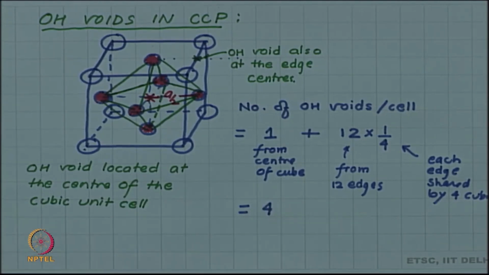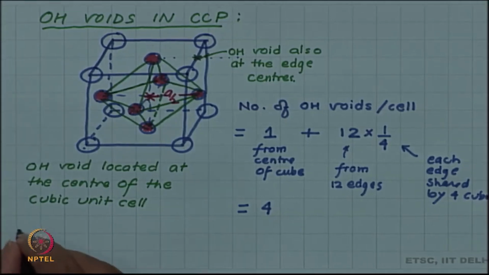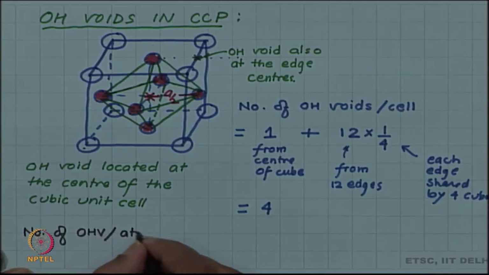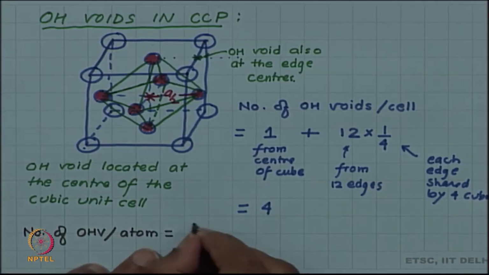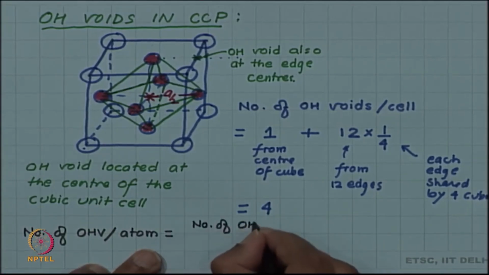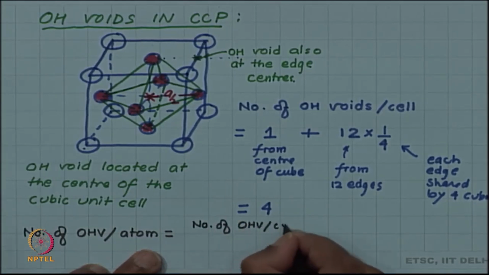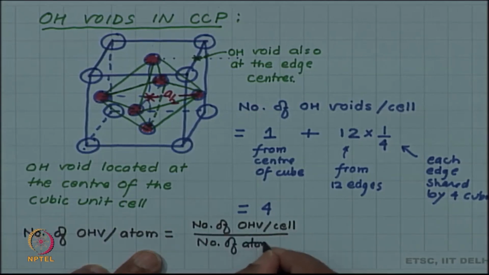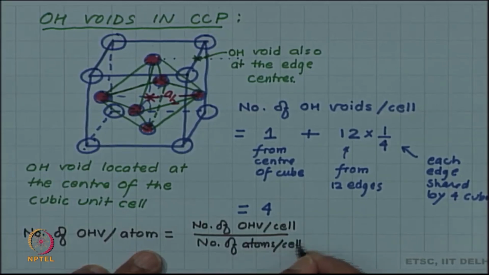So, the number of voids per atom here becomes simple. The number of octahedral voids per atom is equal to the number of octahedral voids per cell divided by the number of atoms per cell.